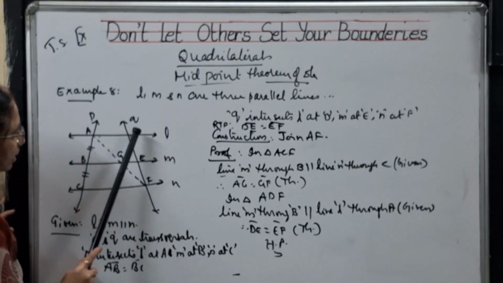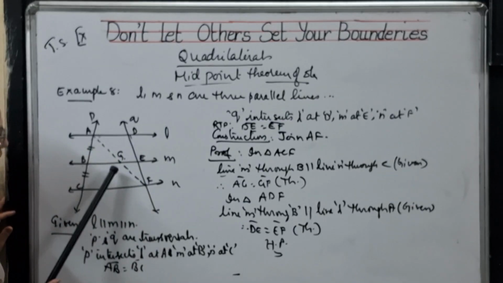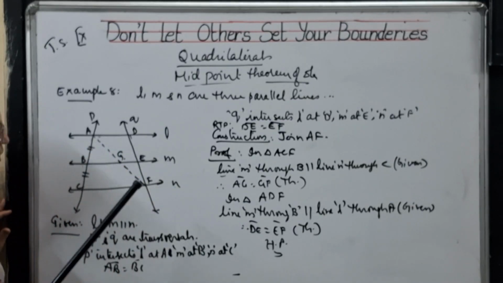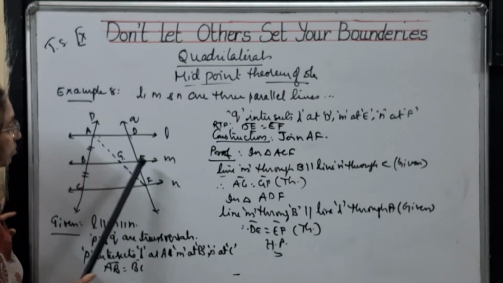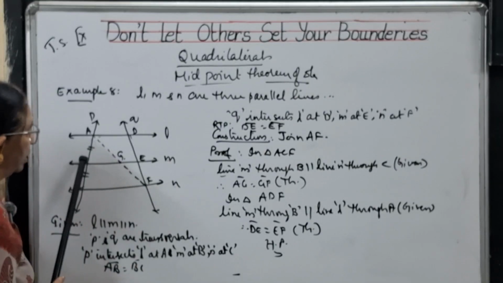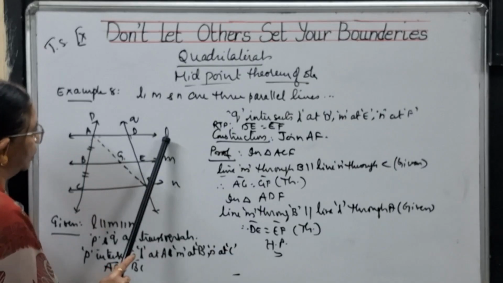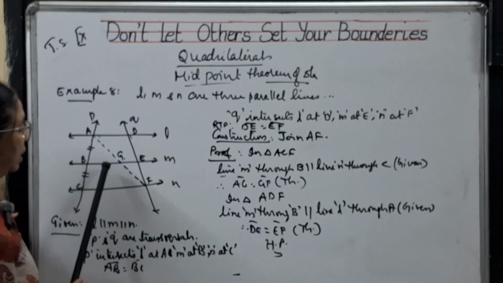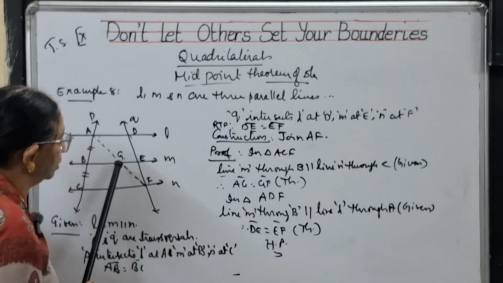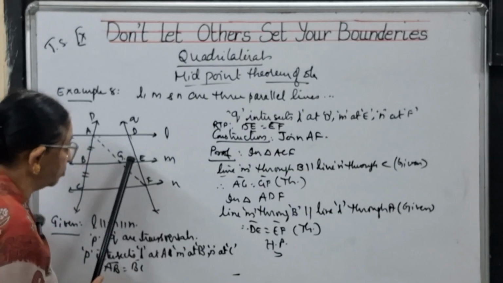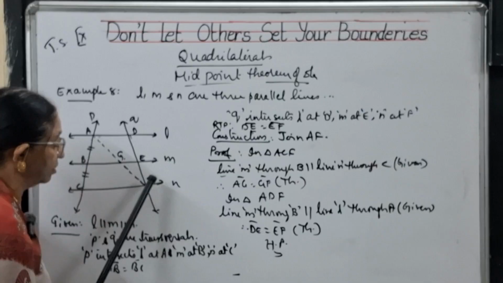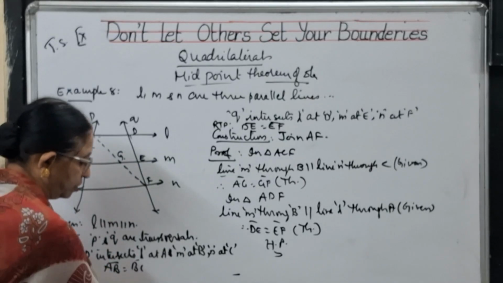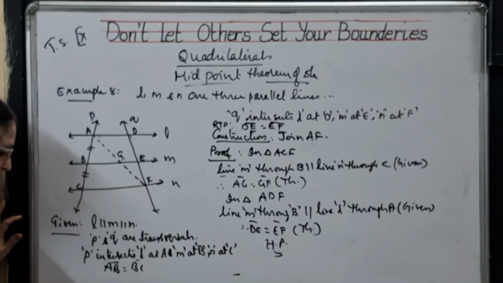Now if you take triangle ADF, here G is on line M, which is drawn parallel through B, and also line M through B is drawn parallel to line L through A. So what is happening? A line through the midpoint of a side of a triangle and parallel to the second side bisects the third side. So DE is equal to EF. This is the proof of this theorem, children. Please note it down.